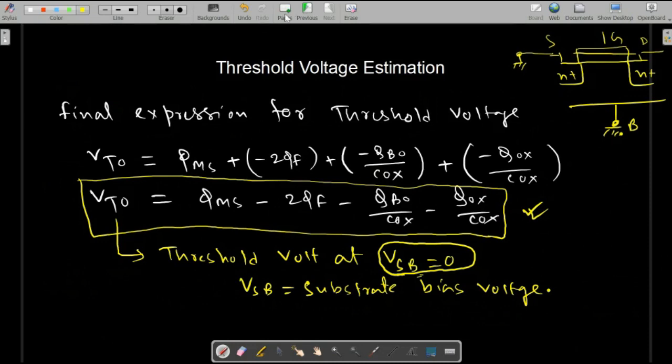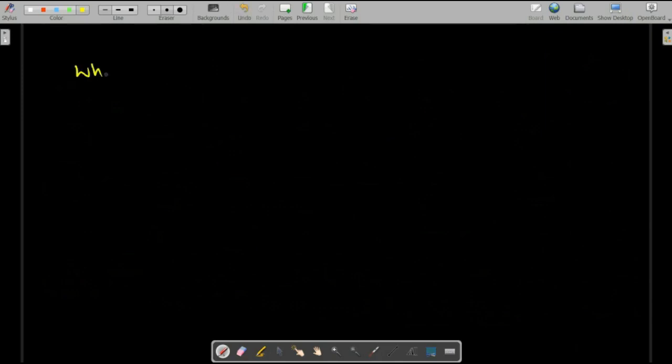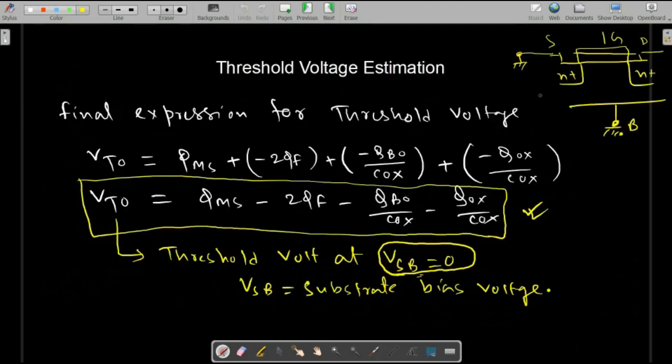So let us see. When VSB not equal to 0, then threshold voltage is called VT, not VT0. We are saying the threshold voltage is called VT, or in some textbook it is mentioned as VTH.